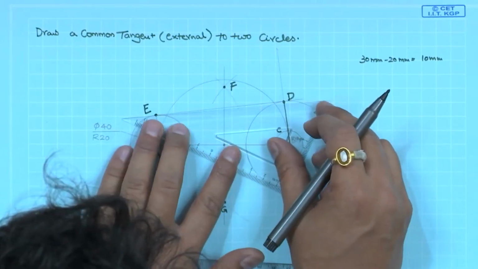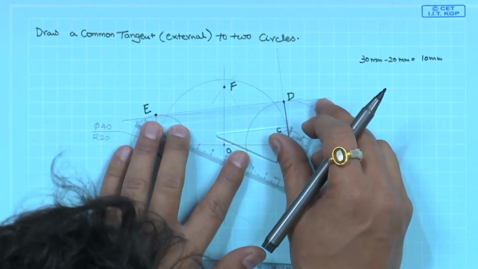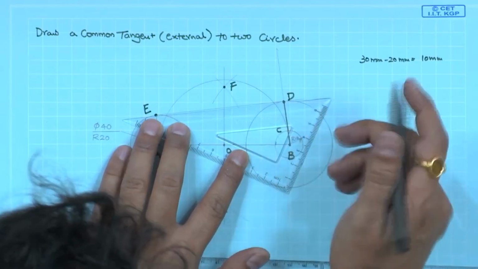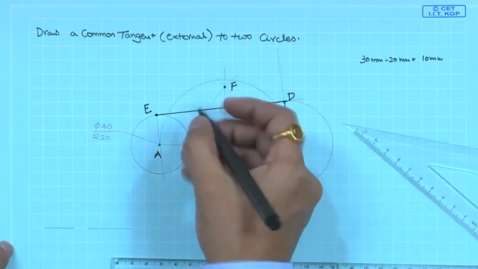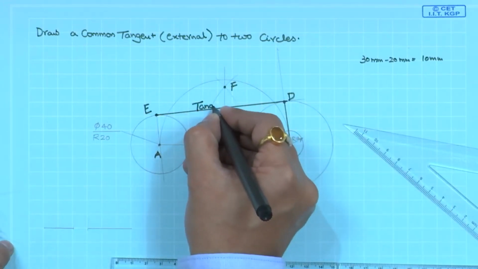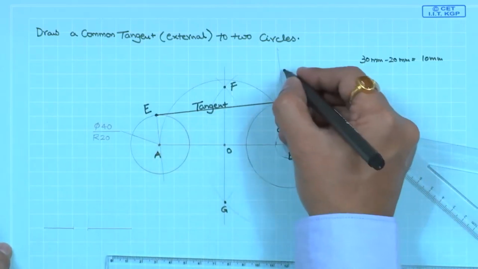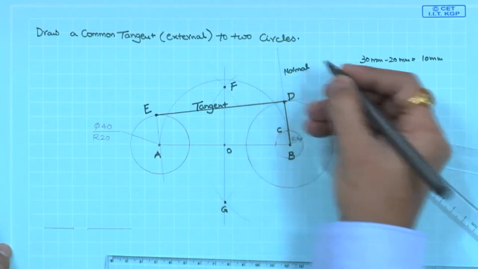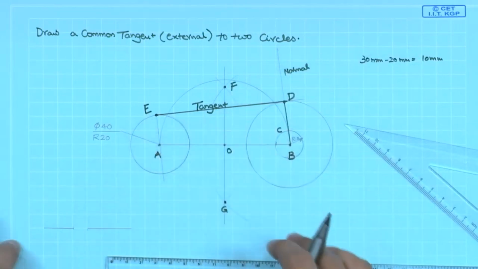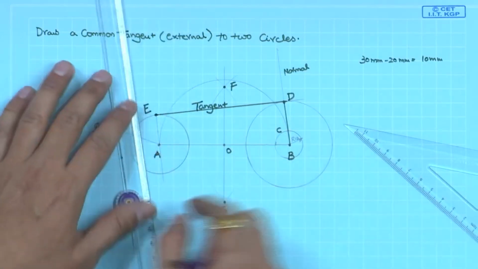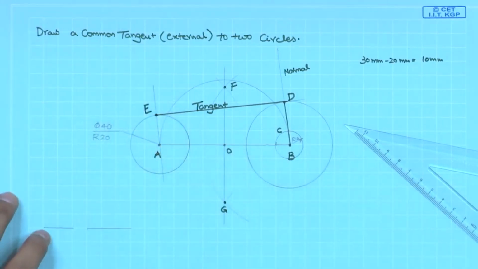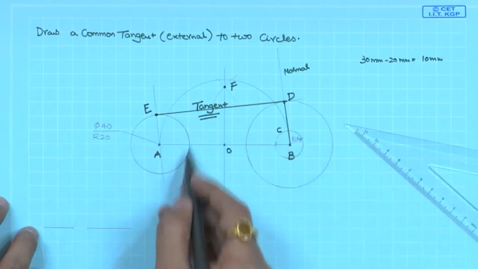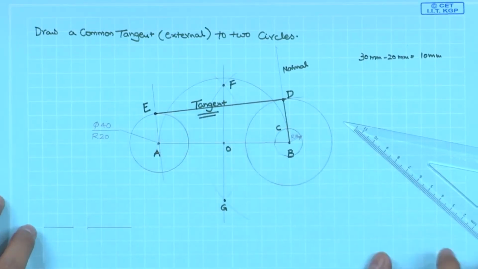So, let us darken it. So, this is a tangent line, let us call this the tangent line, and this one a normal, and the other normal is for this circle, this one is another normal to that circle. This is the way we construct an external tangent to two circles passing through these points.